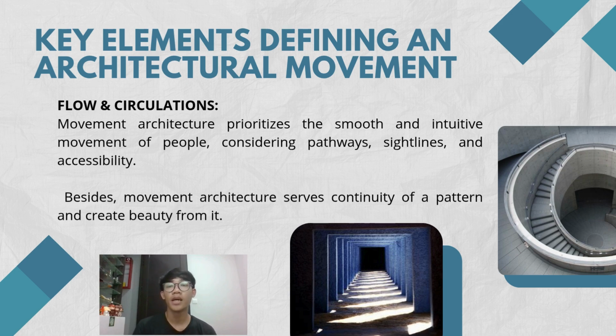Next one is key elements defining an architectural movement. First, flow and circulations. Movement architecture prioritizes the smooth and intuitive movement of people, considering pathways, sightlines, and accessibility. Besides, movement architecture serves continuity of a pattern and creates beauty from it.